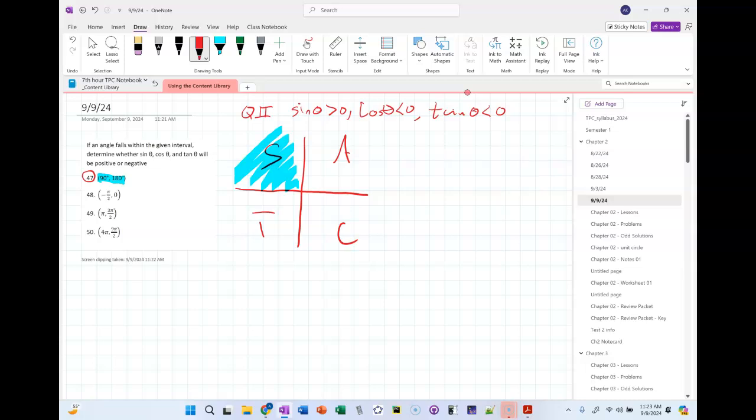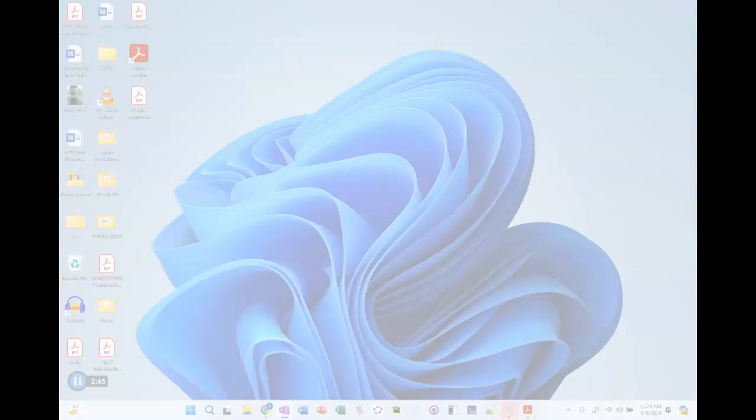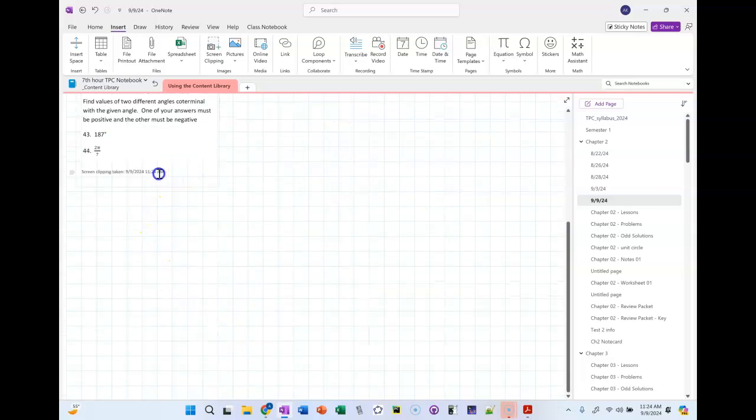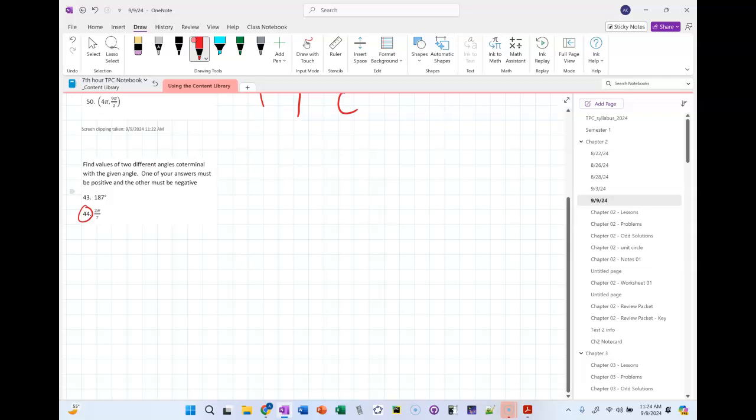Gabs, 44. So here it was asking for coterminal angles. The directions say one has to be a positive angle and one has to be a negative angle. I noticed that that angle is in radians. So for my positive angle, since I already have a positive value, I can just add 2 pi to that.